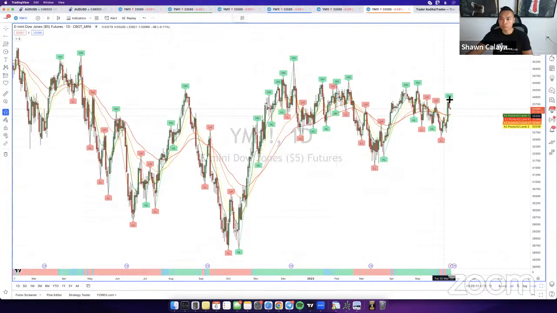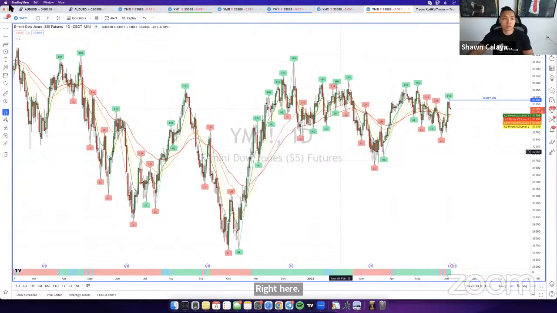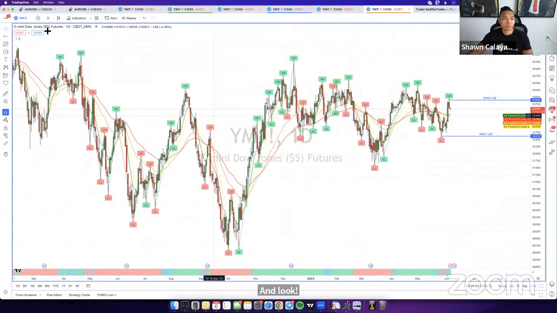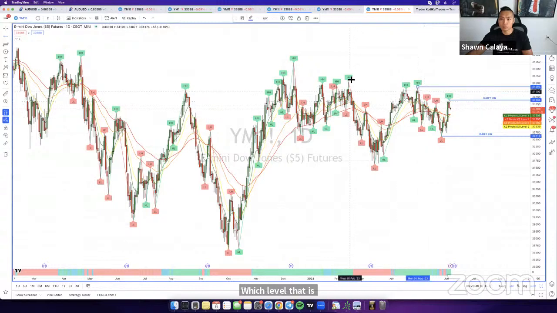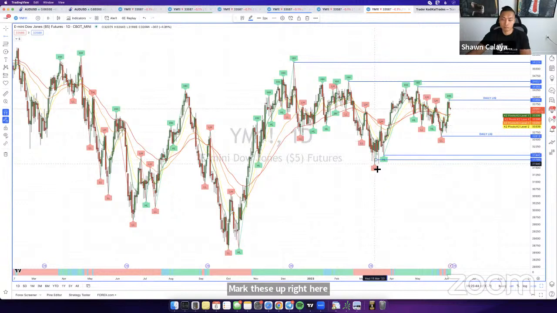I'm going to mark up this level right here. Daily liquidity, just so that we know which level that is. All right, mark these up right here. Also pretty quick.